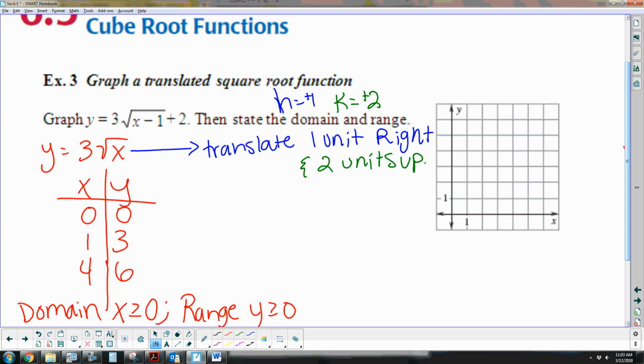So let's just graph this. 3 times the square root of x: (0, 0), (1, 3), and (4, 6).